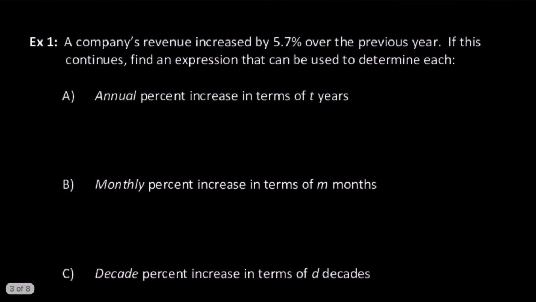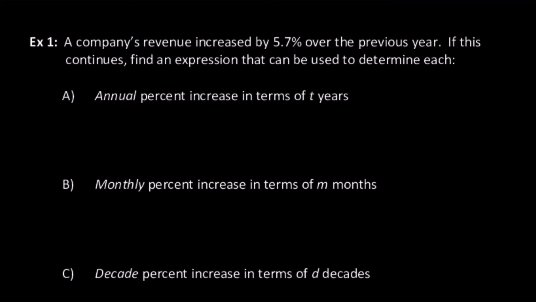All right, a company's revenue increased by 5.7% over the previous year. If this continues, find an expression that can be used to determine each. The annual percent increase. Well, we have to take a look at this problem here to see what unit of time that is. 5.7 over the previous year. So that is annual. So nothing's going to change for this example.